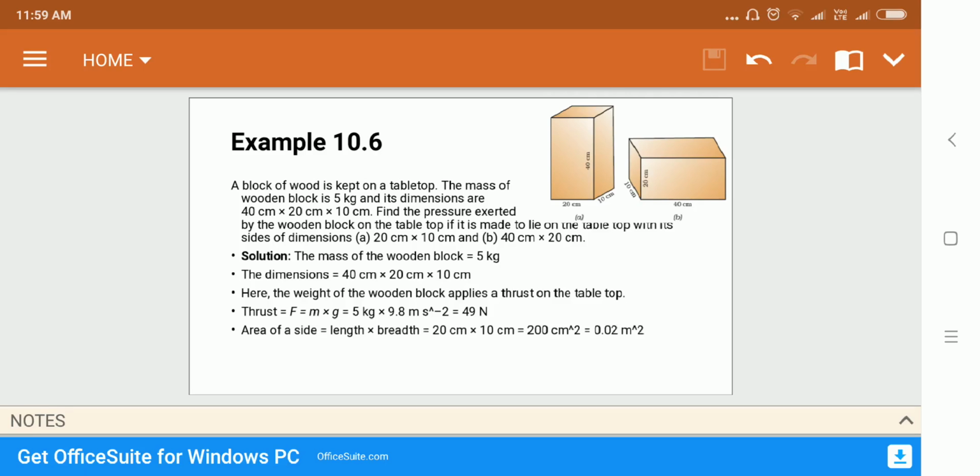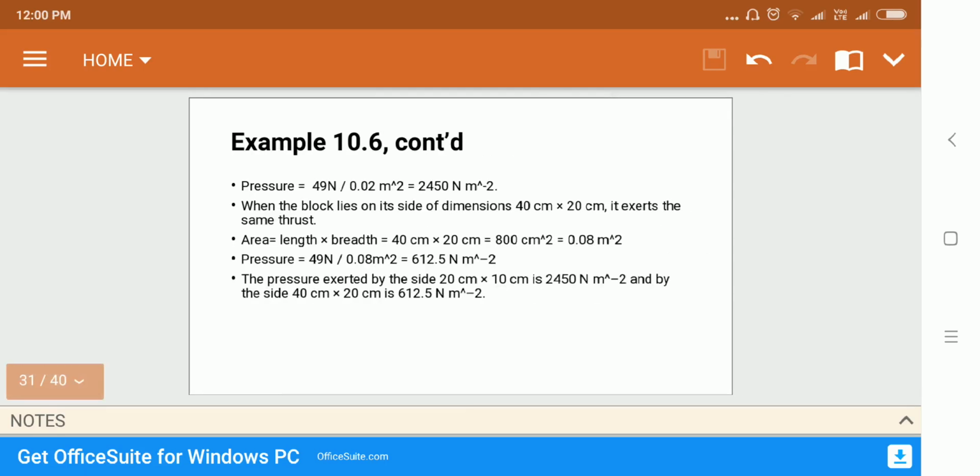So that would be 0.02 meter square. So the pressure is thrust by area, that is 49 Newton divided by 0.02 meter square. So the value is 2450 Newton per meter square.